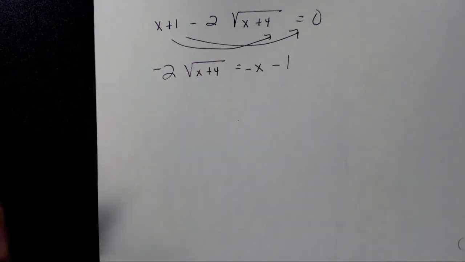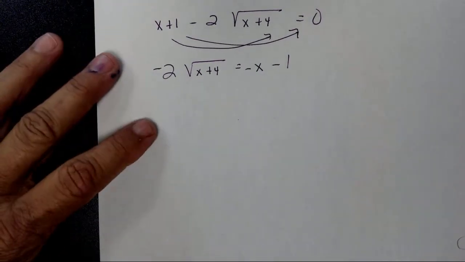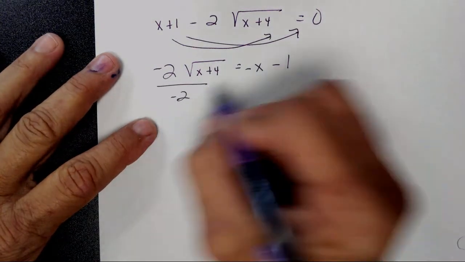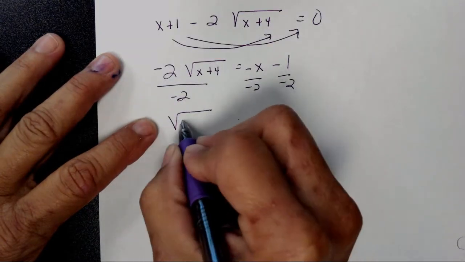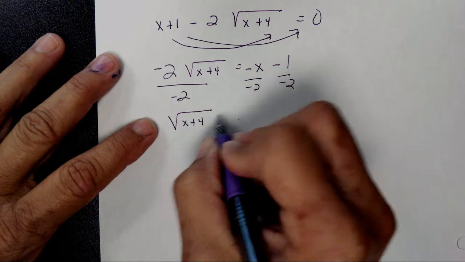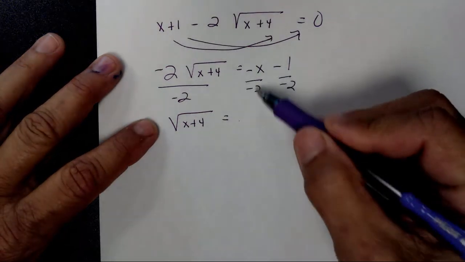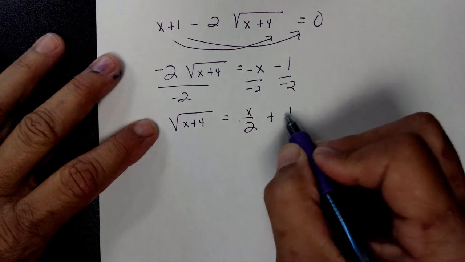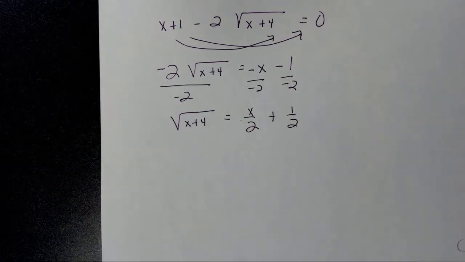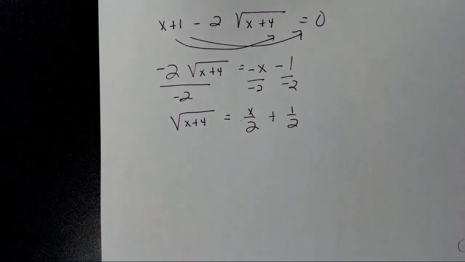Then I need to, so this would become positive x over 2 and positive 1/2. All right, now I have the square root by itself. So then what do I do? Square both sides.